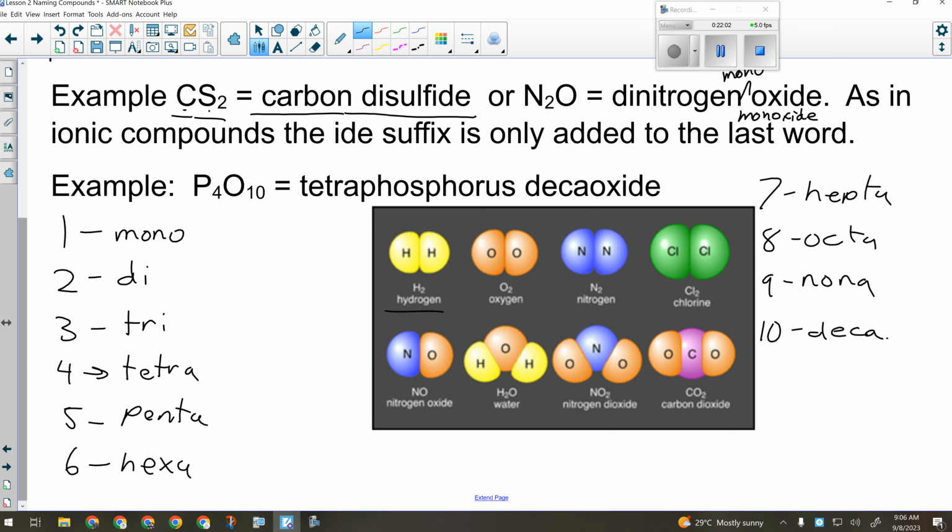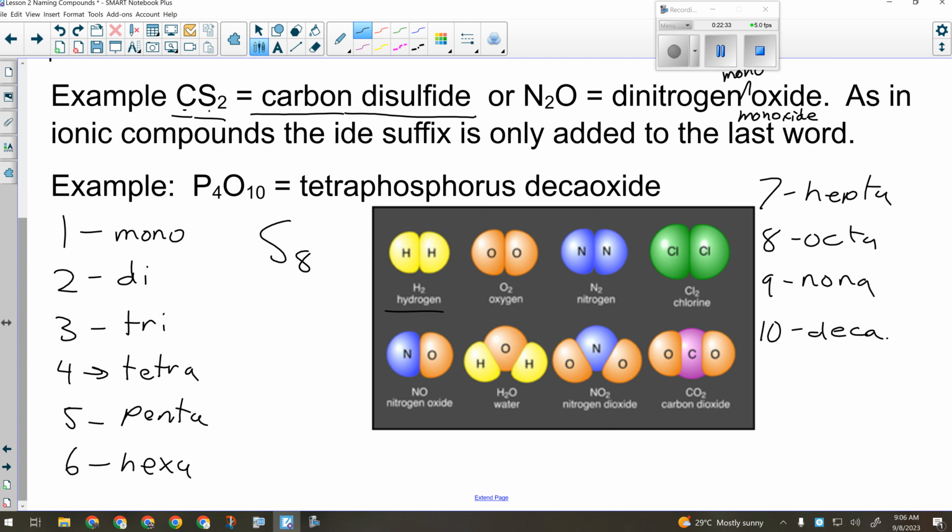And then you've got phosphorus, which comes as a 4. Sulfur comes as an 8. Those are our molecular elements. Just because you see this doesn't mean you call it octasulfur. That's just sulfur. It's 8 sulfur atoms, but it's still only sulfur, so we don't use any compound naming rules. It's a molecule, but it's not a compound.